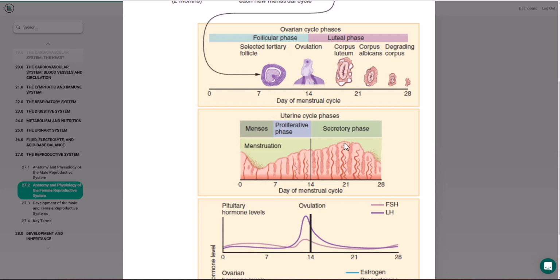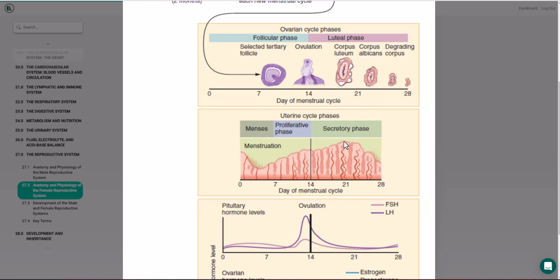Notice that the corpus luteum up here is busy making progesterone. That progesterone is going to make sure that this uterine wall stays intact and maintains the layer. If there is no pregnancy, no embryo, no implantation, the corpus luteum will die off to the corpus albicans.